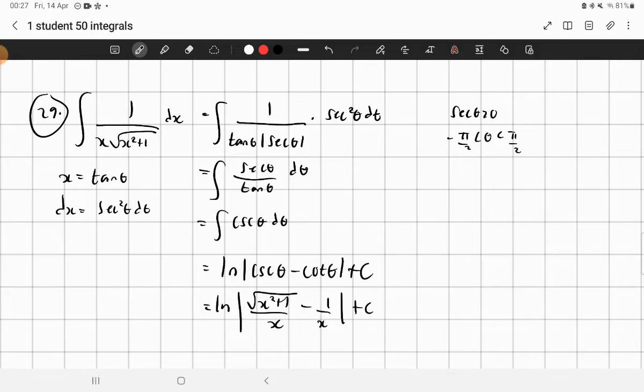x times square root of x squared plus 1. Okay. ln.